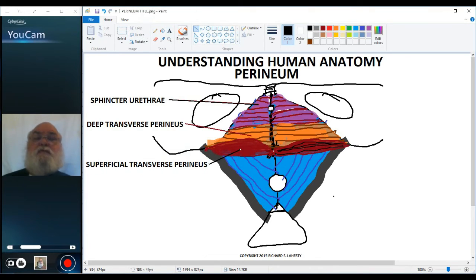Right here. And together, these three muscles make up the urogenital diaphragm.